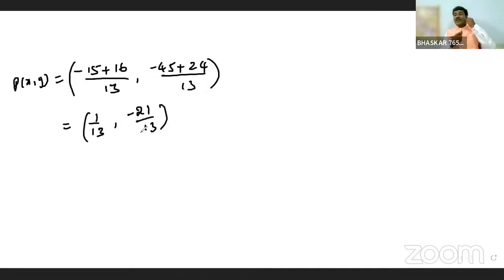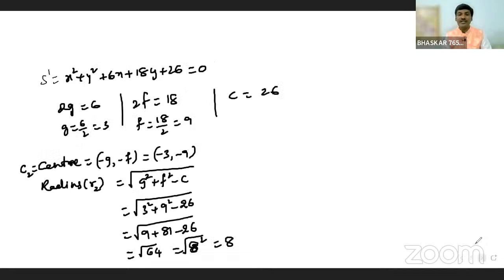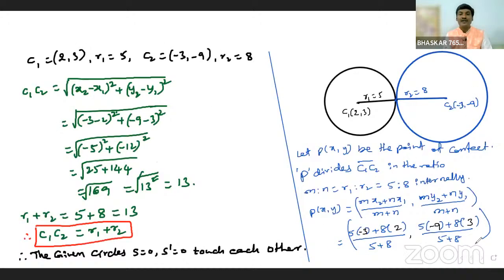After that, he is asking the point of contact, and then the common tangent at the point of contact. Common tangent means the line which touches both the circles.